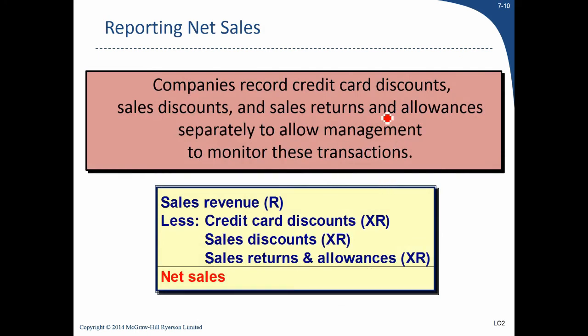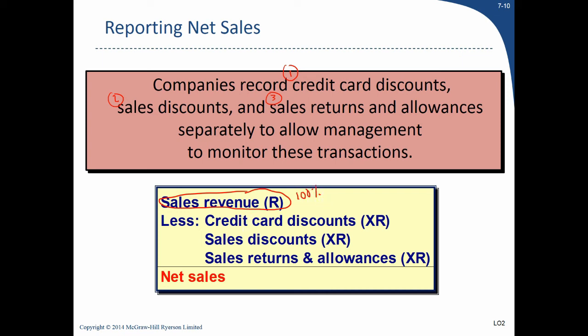So all of these things, companies record 1, credit card discounts, 2, sales discounts, and 3, sales returns and allowances separately to allow management to monitor these transactions. Notice how these are separate from sales revenue. We still record sales revenue on what's called a gross basis or a 100% basis.